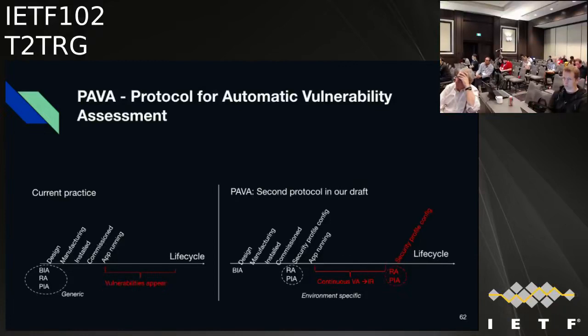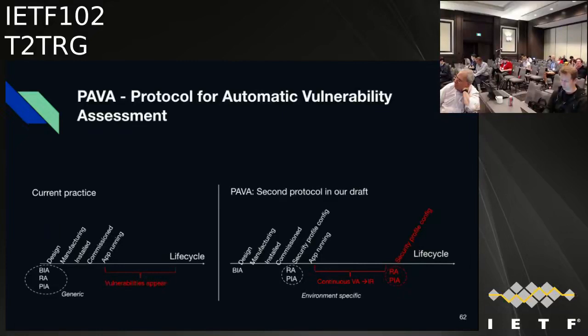So the basic idea is to enable standardized protocols to perform continuous vulnerability assessment, deployment, the location where the device is located. That can also enable incident response. So alert, for instance, the user, maybe a manufacturer, about a specific vulnerability in there.